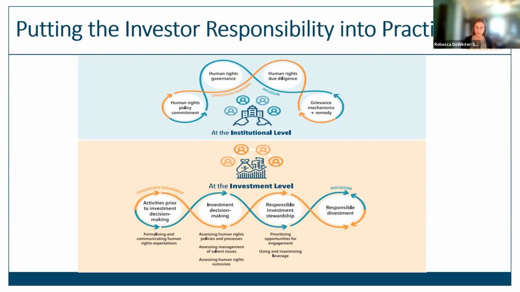Investors should embed this approach across the whole of the investment lifecycle, including in their activities prior to investment decision-making, in their investment decision-making, and throughout investment stewardship activities, to potentially also include considering divestment and what responsible divestment should look like. Again, please look at our investor toolkit on human rights available on our website to learn more about what the human rights due diligence process looks like for investors at these two levels.